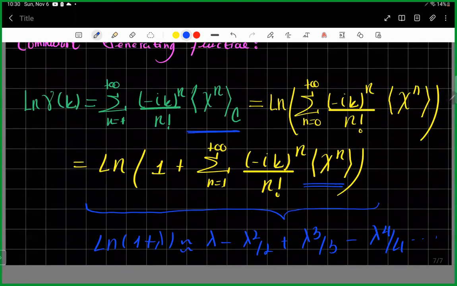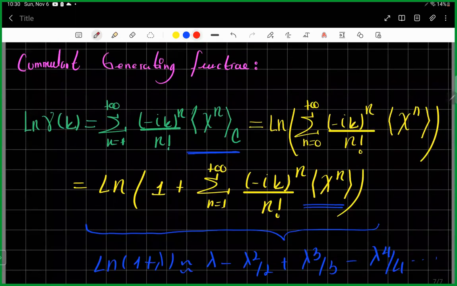As an introductory fact, the first order cumulant is equal to the expectation value of x. That means the first order cumulant is equal to the first order moment.